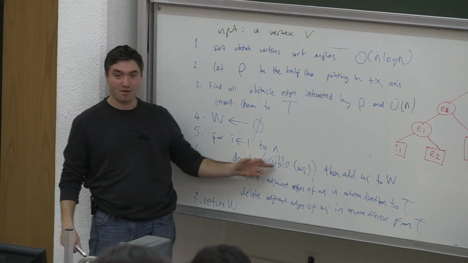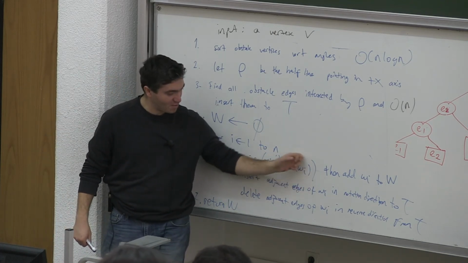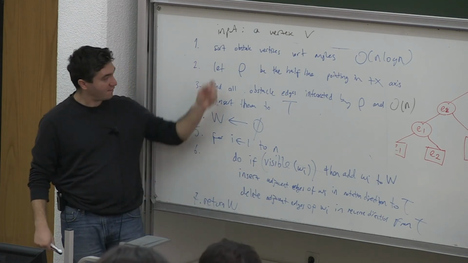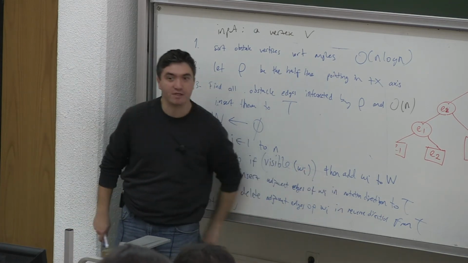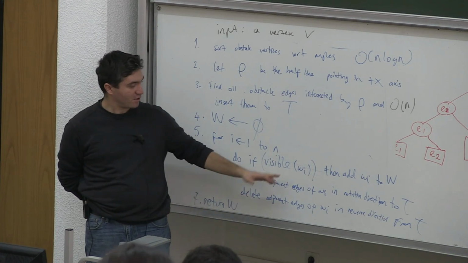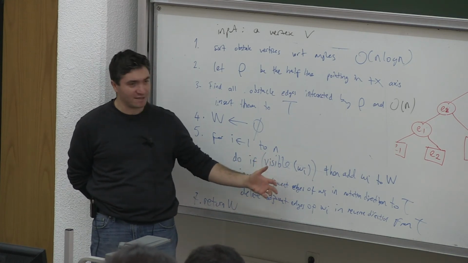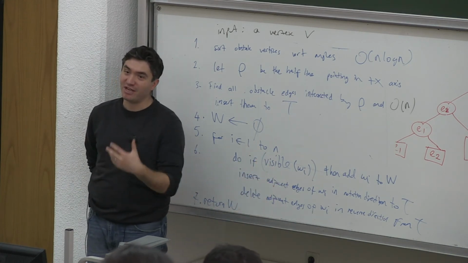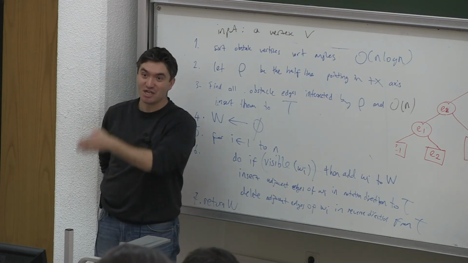So how are we going to determine whether wi is visible from V or not by making use of this tree? The one obvious case, as I said, is that we can determine it is not visible if there's an edge closer.